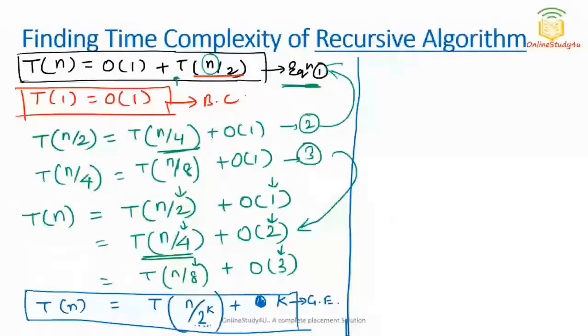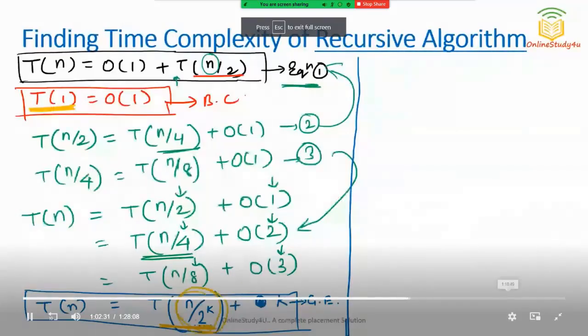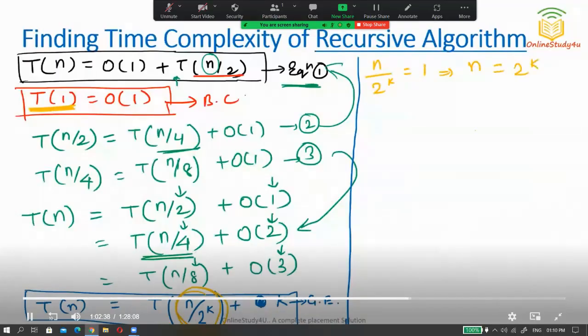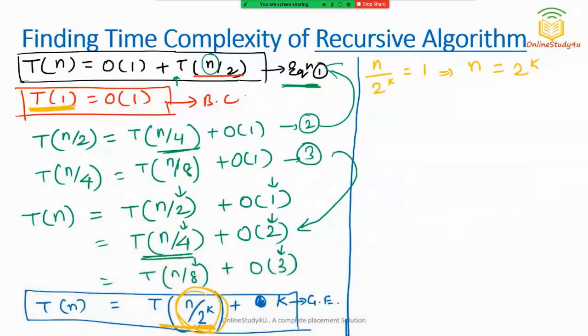You can see we have a result as T of 1 as big O of 1. So can we somehow make this as 1? So how we can make that? So n by 2 power k is equal to 1. It means n is equal to 2 power k. Now I think you have learnt in mathematics that if you apply log on both sides, we will get k is equal to log n base 2.